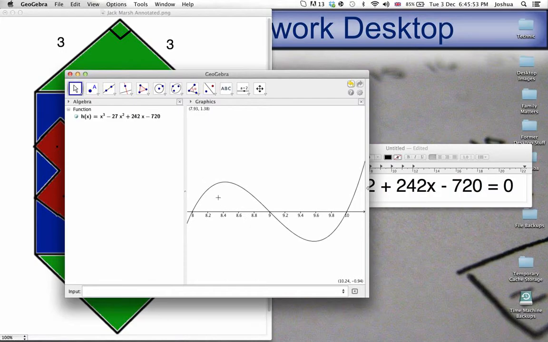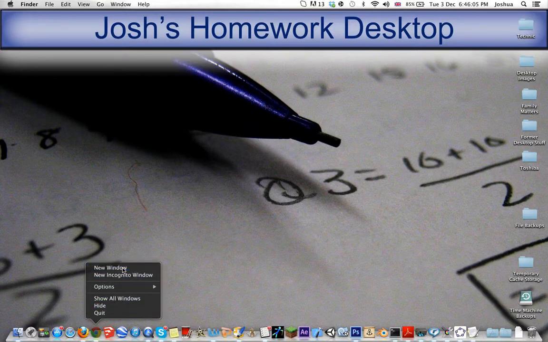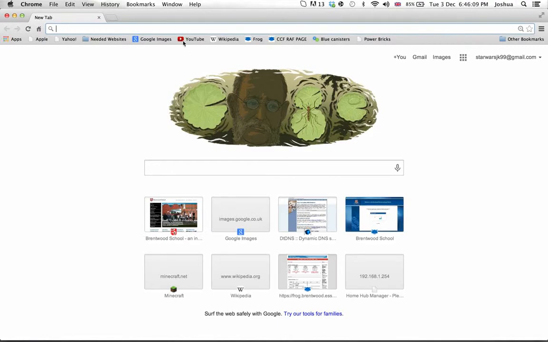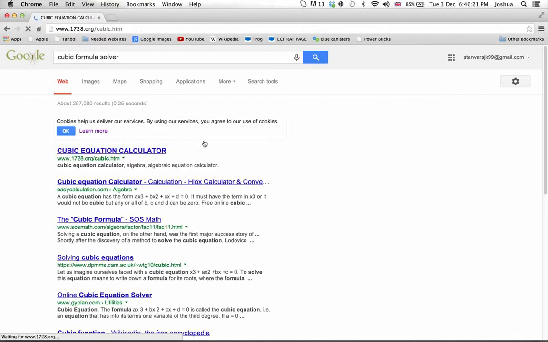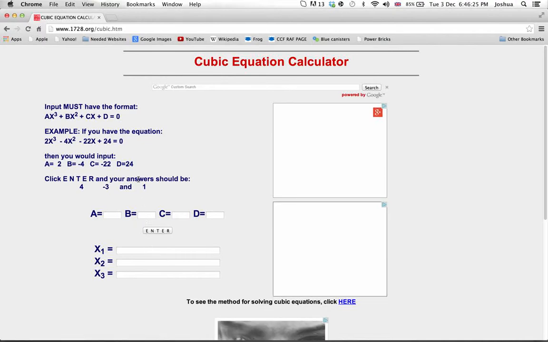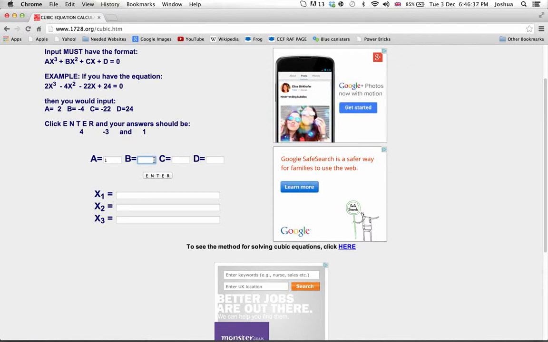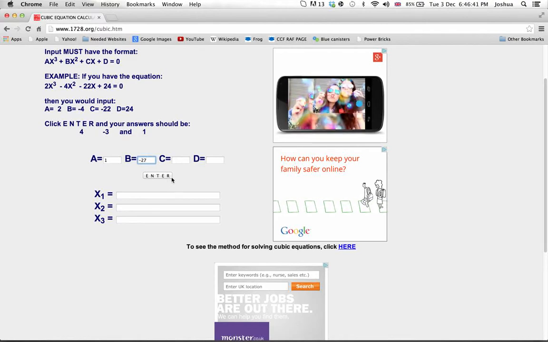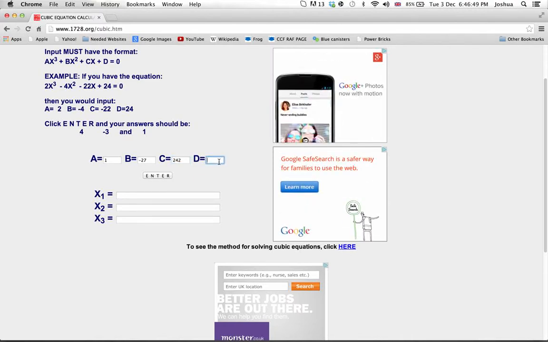And if you were to just test it, you could go on a cubic graph solver, a cubic formula solver, and we could test it by doing, okay, so our A was 1, our B, if we remember, would have been minus 27, our C was 242, and our D was minus 720.